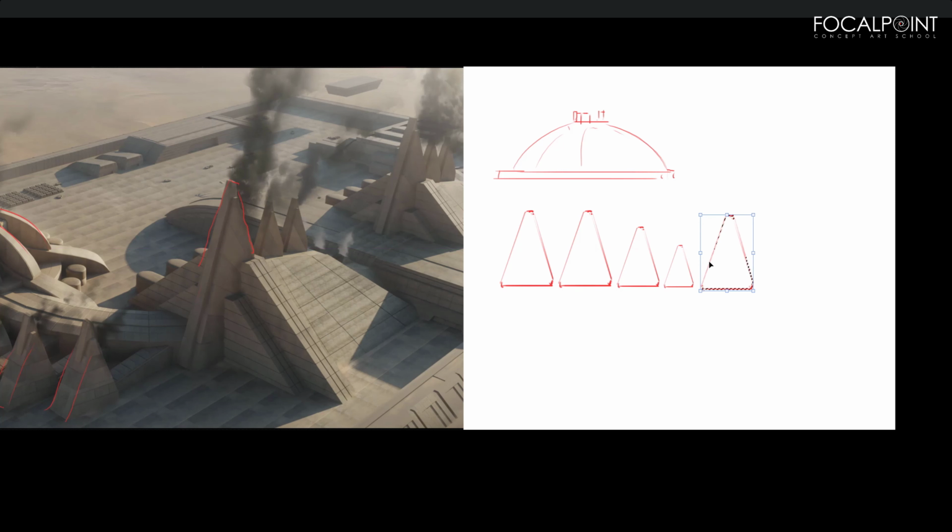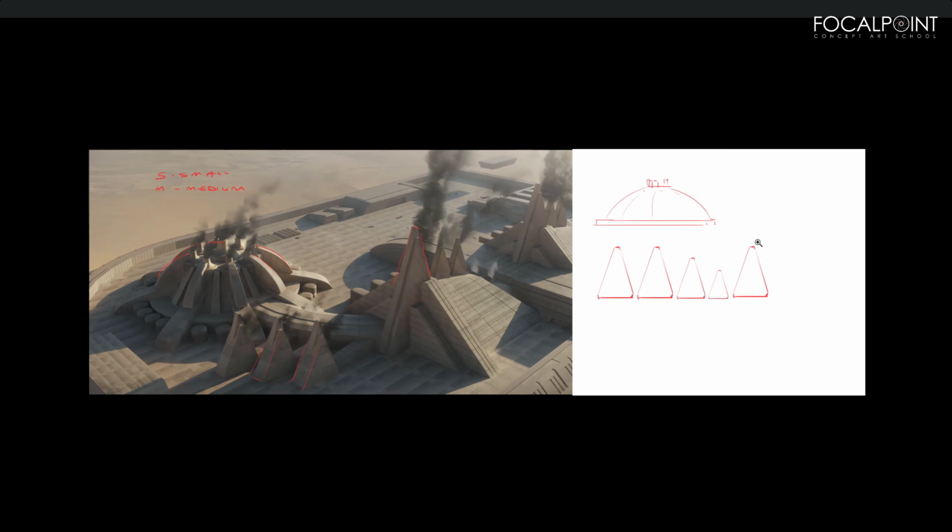Your design becomes very linear, right? You can see that even when you put those buildings right next to each other, there's not much difference. This one in scale and size is a little bit smaller than this one.